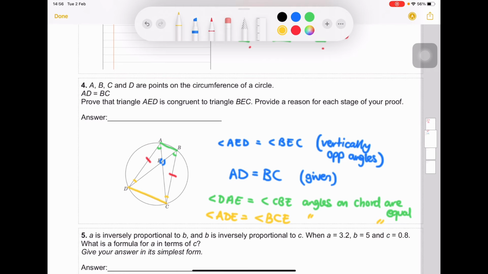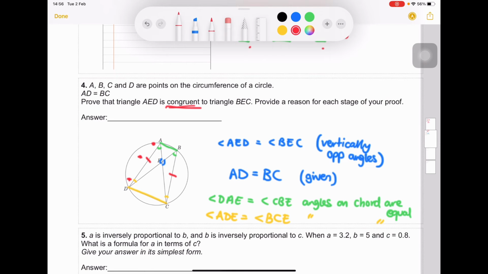And so finally, we need to remember it's a congruency question. So the condition I will use here is angle, side, angle.